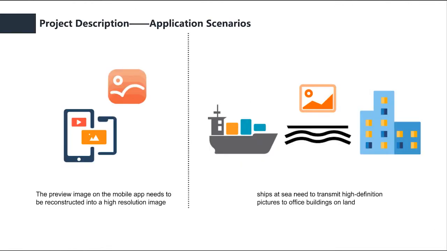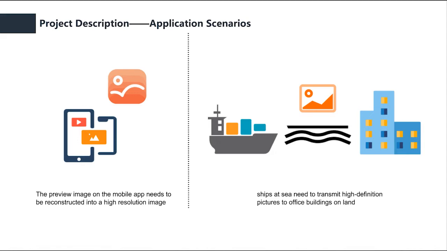With the rapid development of science and technology, pictures play an increasingly important role in people's daily life and production. For example, in daily life, we share a lot of emojis and pictures on cell phones, and when the receiver taps on the preview image, the reconstruction of low-resolution images is needed.